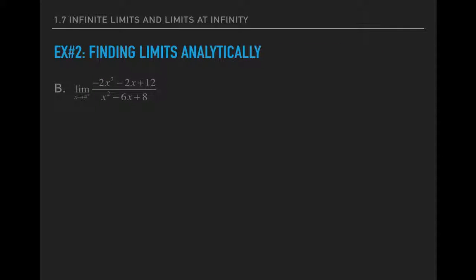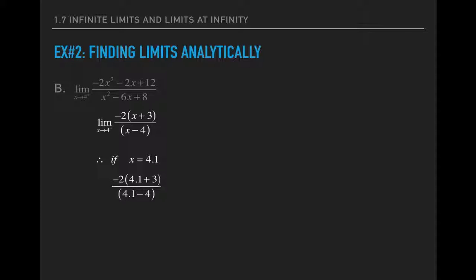Now, same scenario, but coming from the right. We're looking at our simpler function. We know that really at 4 there is a vertical asymptote. But if we select a value just to the right of that, that would be 4.1.